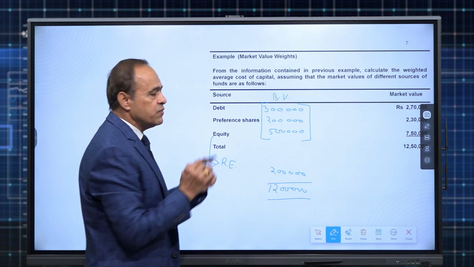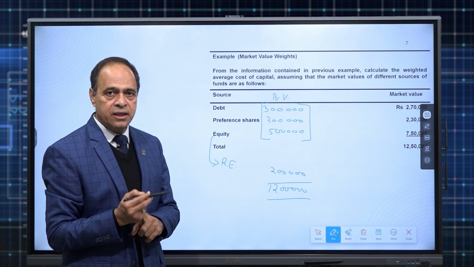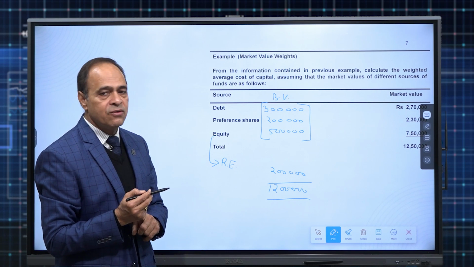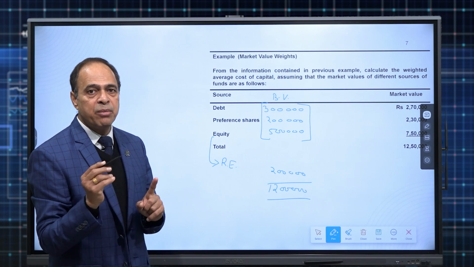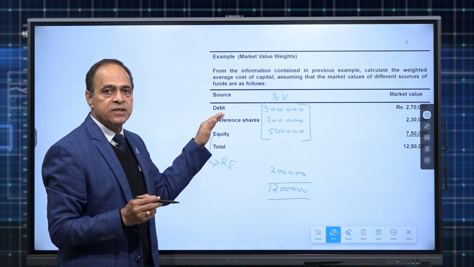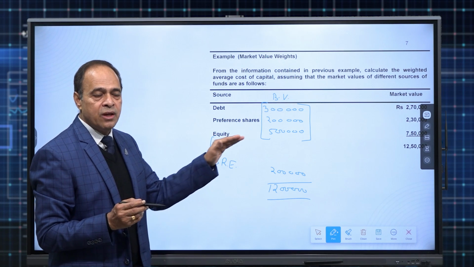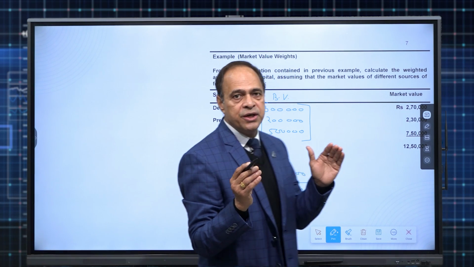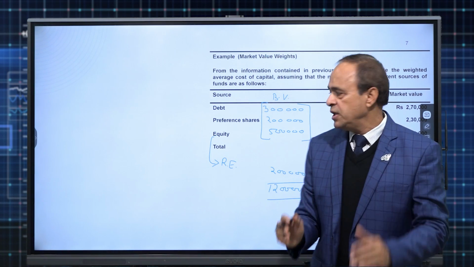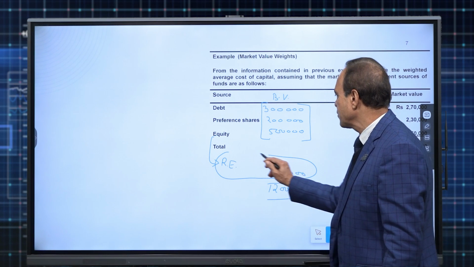And market value of these is 2,70,000, 2,30,000 and 7,50,000. Now remember, debentures are traded in the market, preference shares are traded in the market, equity is traded in the market. There is no provision for trading of retained earning. Therefore, for the retained earning, we will not have any market value.